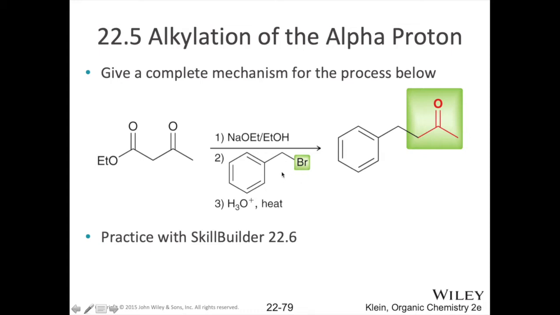We then add in our alkyl halide, and again, in the final step, we can hydrolyze this to get rid of that half of the molecule that has that ester. Basically, we hydrolyze that to a carboxylic acid and then get rid of it as carbon dioxide. And so essentially, we've tacked on this half of the molecule, including this carbon here, to that alkyl group from our alkyl halide.